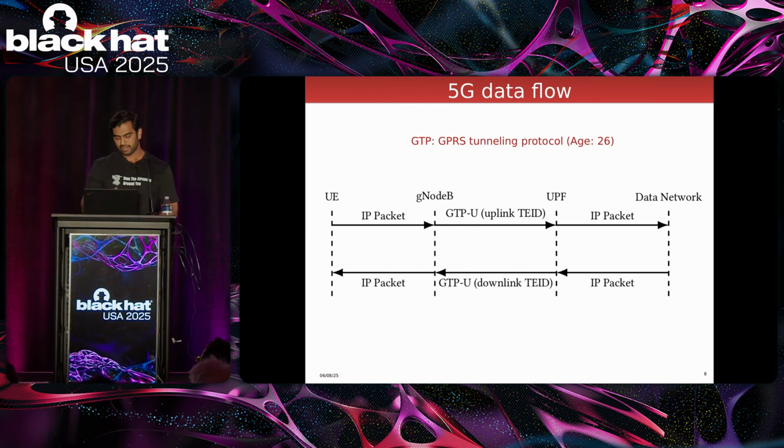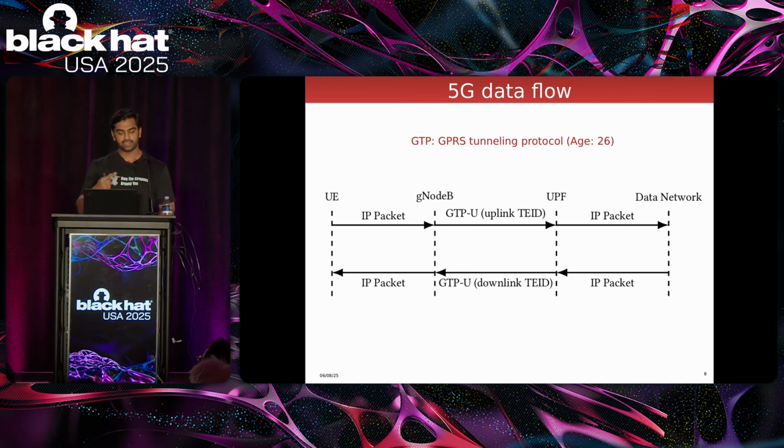One essential thing you should also understand is how the data moves from your phone to the network. From the phone, which is the UE, traffic, just IP packets, comes to the gNodeB. The gNodeB adds what we call a GTP header, right? The age of this protocol is like 26 years now, an age-old protocol still being used in 5G and probably also in 6G, right?